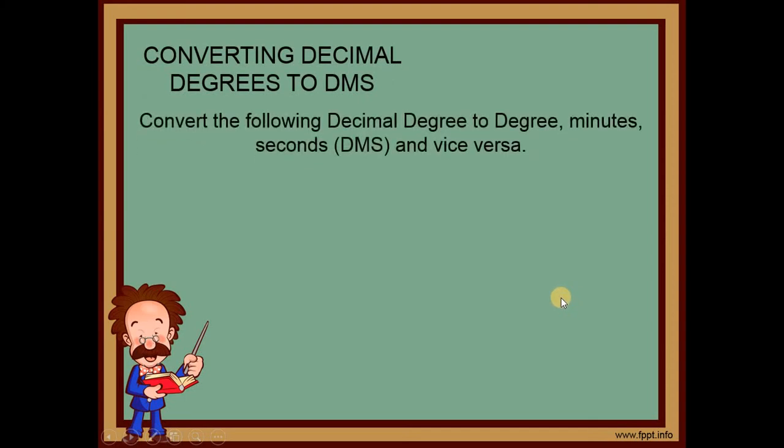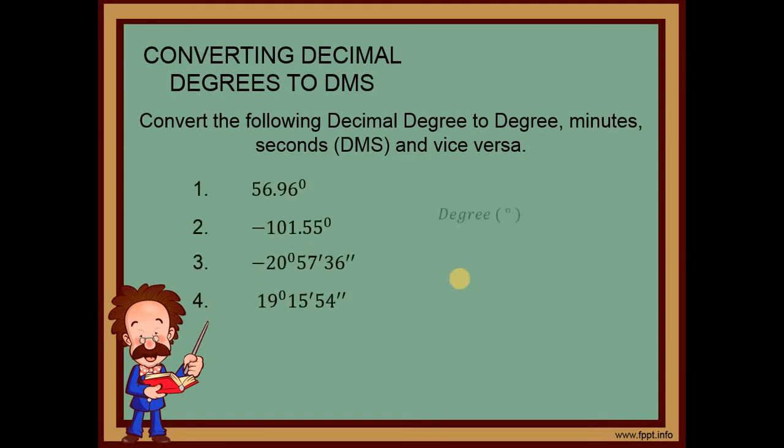Now, let's talk about converting decimal degree to DMS. Convert the following decimal degree to degree, minutes, seconds, or DMS, and vice versa. So, meron tayong 4 na question dito. Now, take note na yung symbol na nakikita natin na maliit sa ating given is what we call the degree. So, ang base natin dyan is degree. Next, kung merong isang kuwet, ang tawag natin doon is minutes.